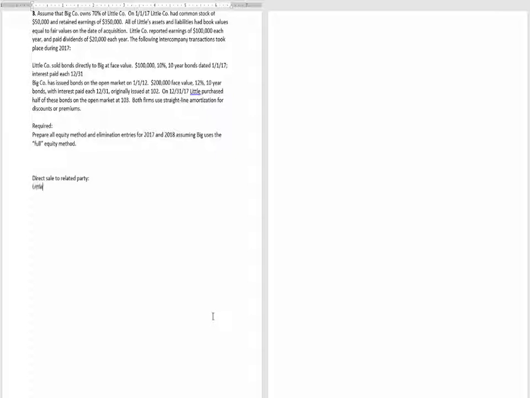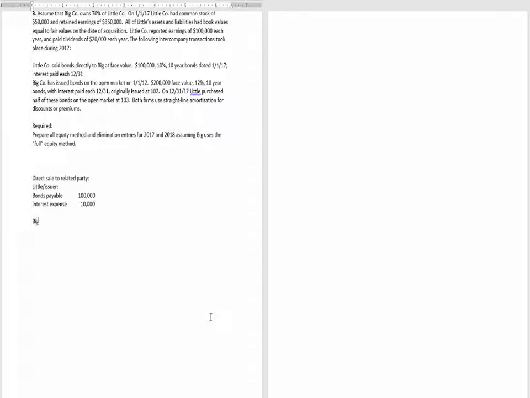So Little, the issuer, is going to have on their ledger at the end of every year bonds payable of $100,000. There's no discount or premium, so they're going to have interest expense of 10% of $100,000 or $10,000.